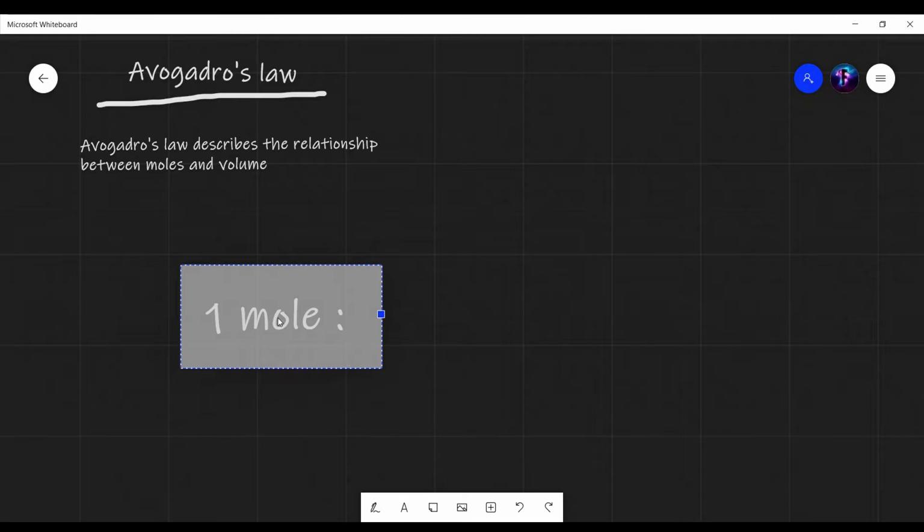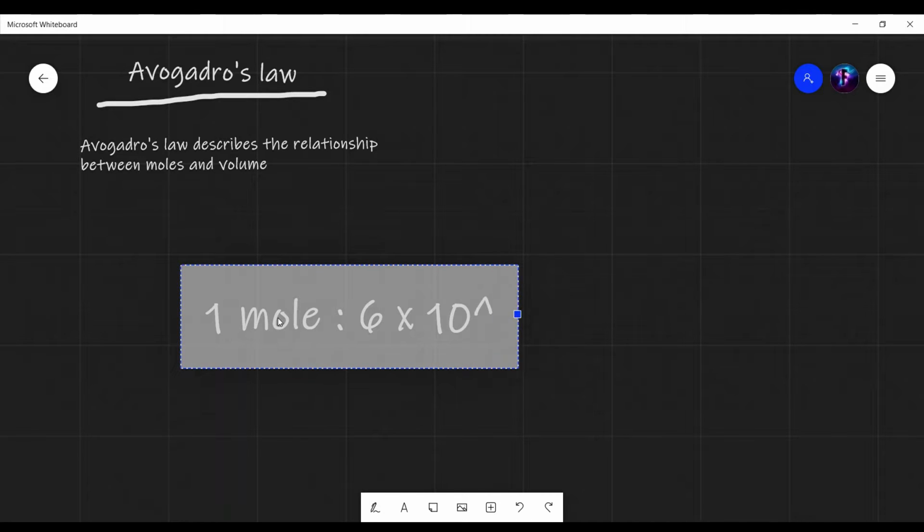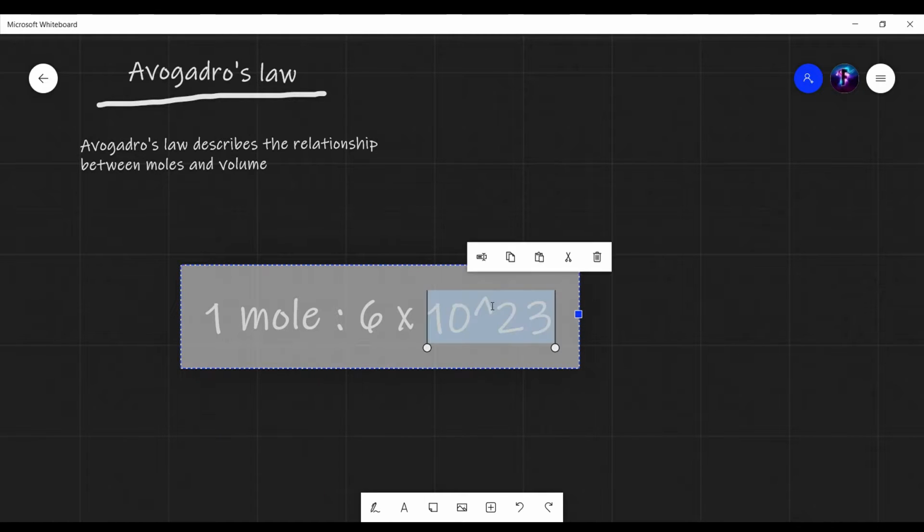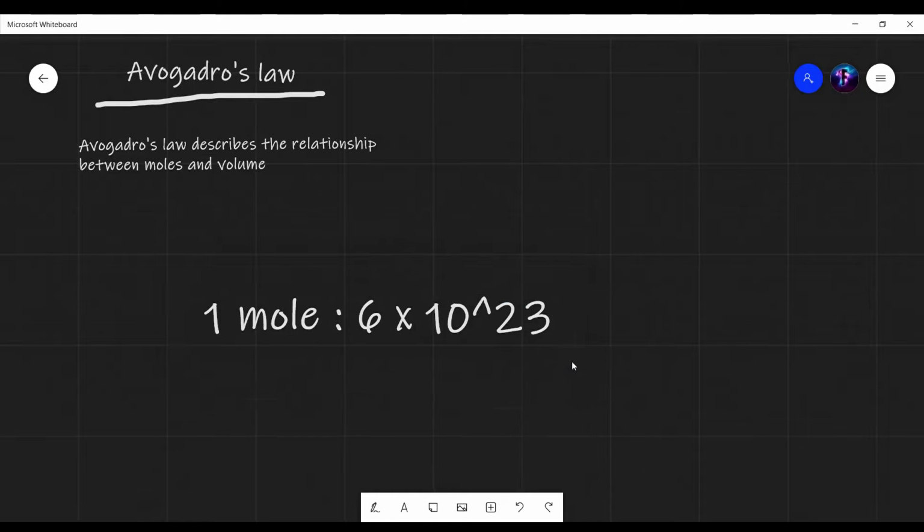So 1 mole is 6 times 10 to the 23rd power. Oh wait, this just means to the power of. So I'm gonna make it smaller.